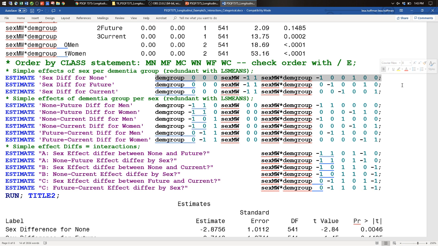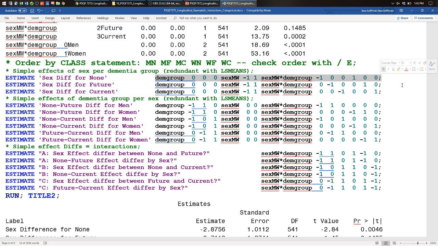If you add slash and the letter E after each of these lines, it will tell you which cells are getting the 0s and the 1s so that you can check your work. This is how I would ask for the sex difference for specific dementia groups. Sex difference is -1, 1.